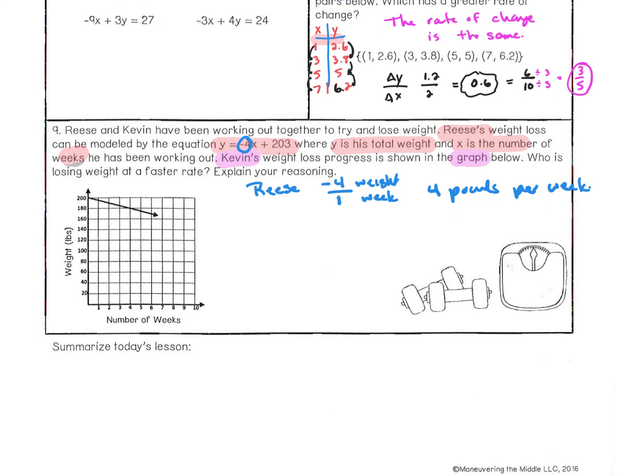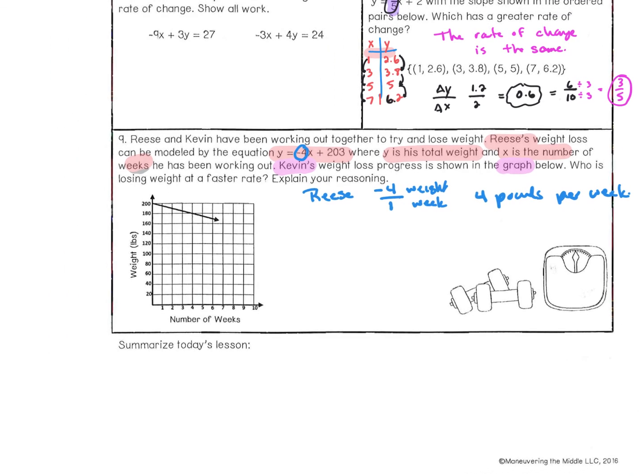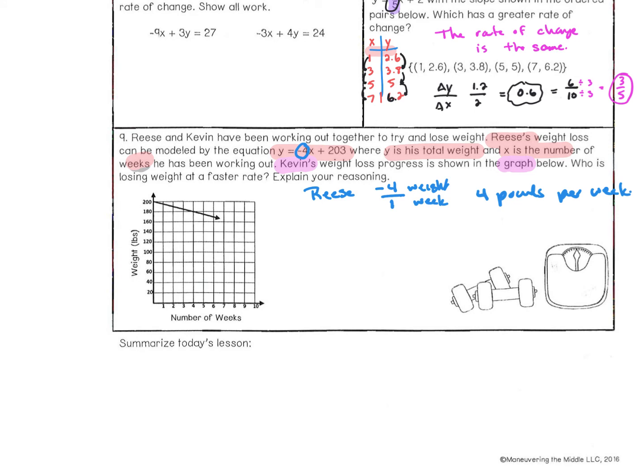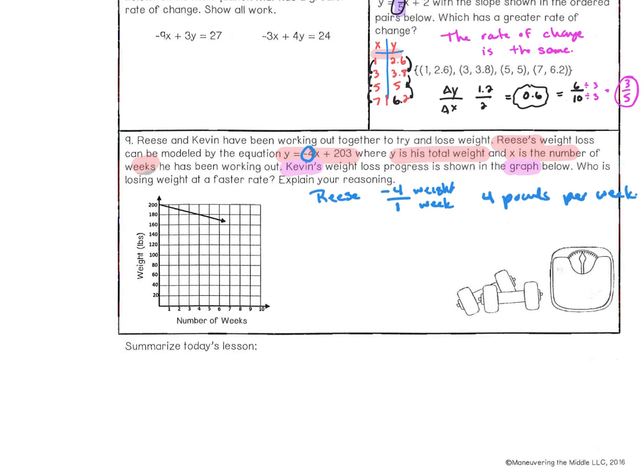Now let's look at Kevin's weight loss. Kevin's is represented in the graph. So if I look at this line, we're going to try to find some points. Here's a point. And it looks like here would be a point, and that's the only ones given on the graph.